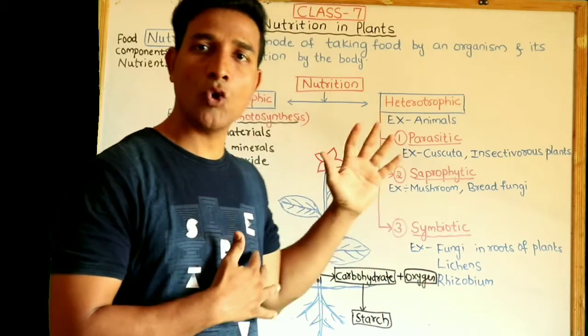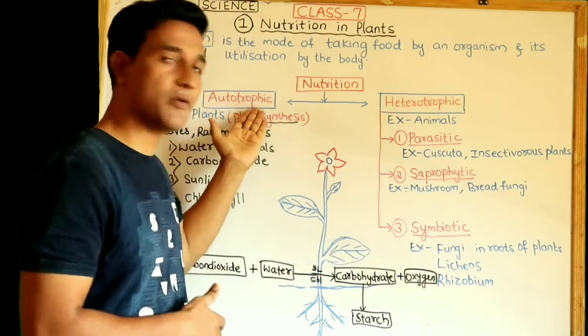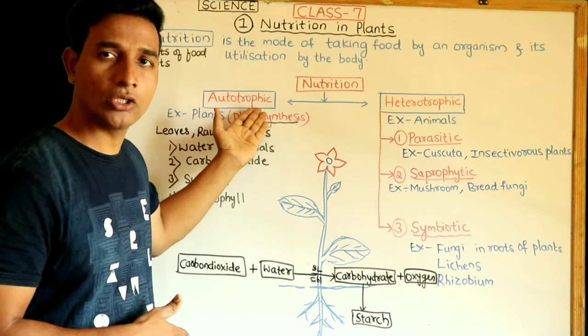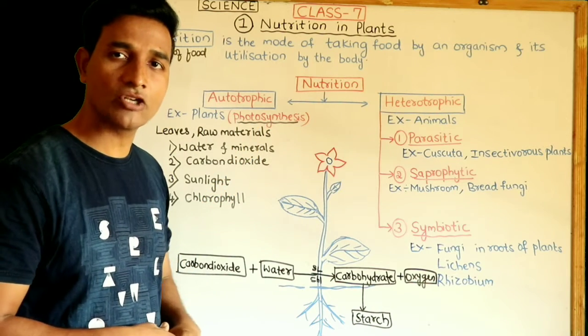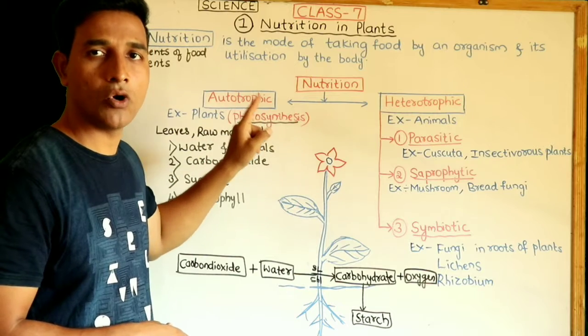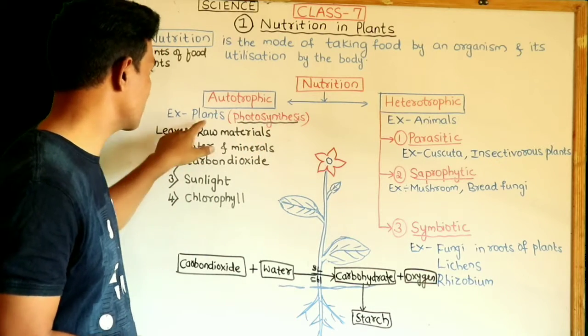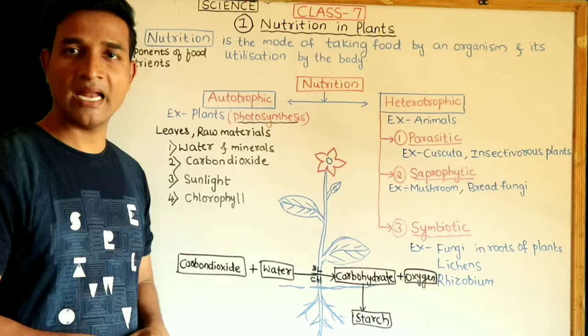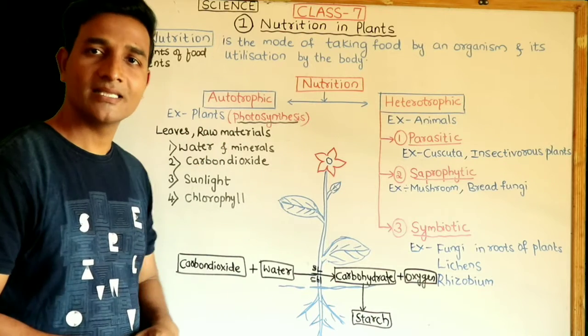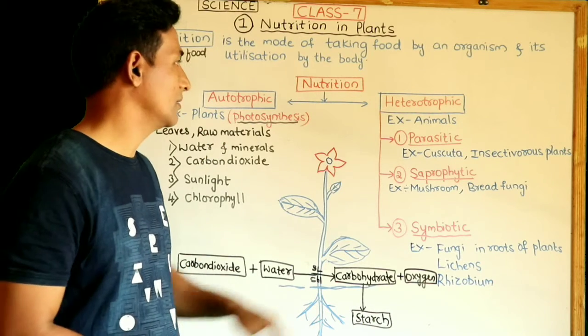Such organisms are called autotrophs, and the mode of nutrition is called autotrophic mode of nutrition. Example, plants. Plants prepare their food.